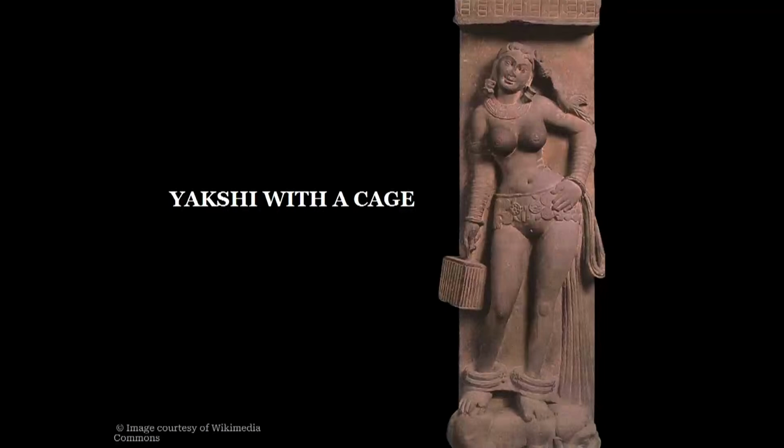Heavily jeweled, clad in a skirt, holding a cage, looking at the parrot perched on her left shoulder, she stands atop the figure of a dwarf, with a suggestive smile on her face. Yes, I am talking about the figure which we have seen previously, that is Yakshi with a cage. You can see the complete details in its form.